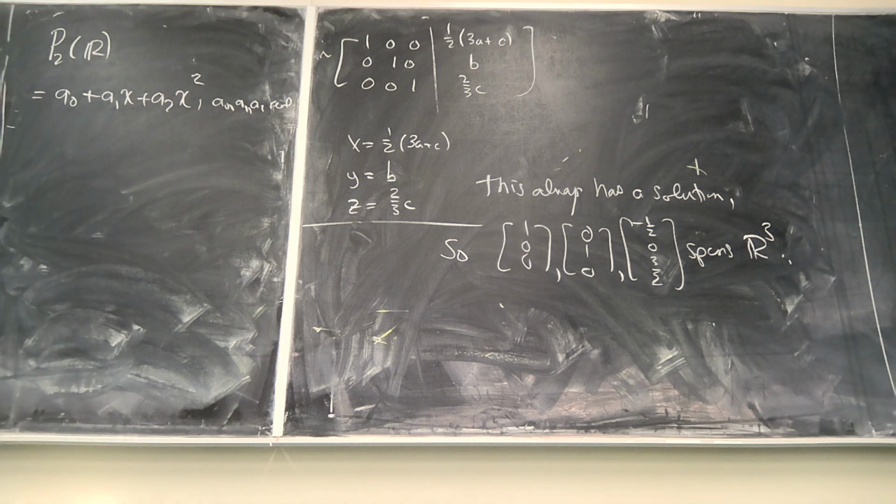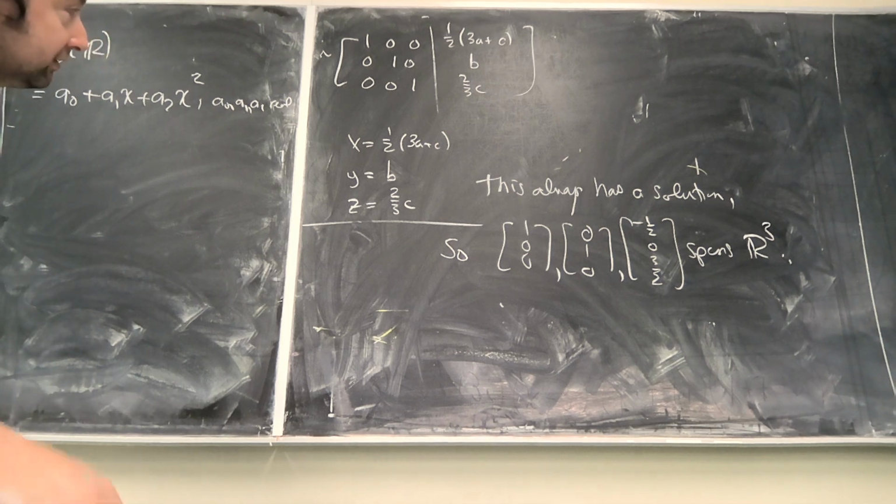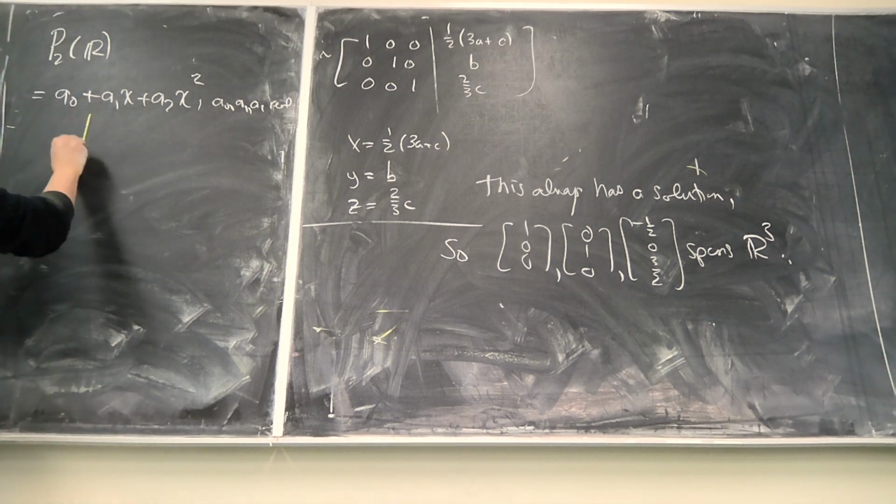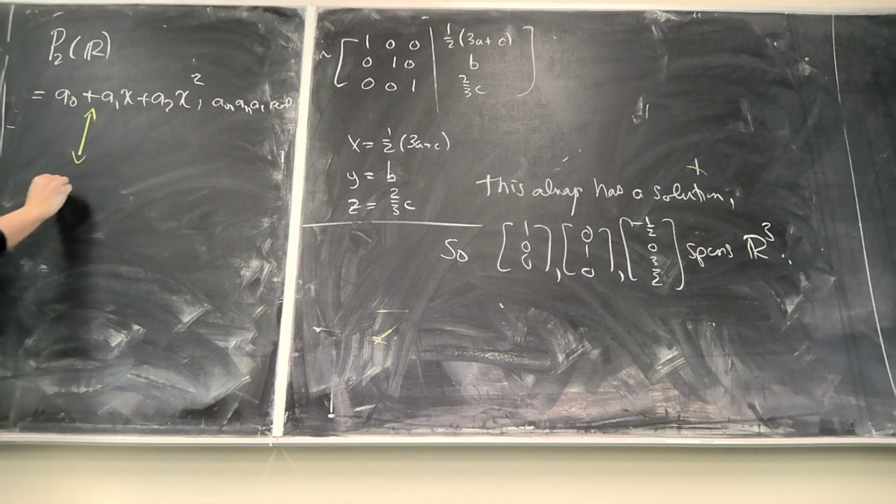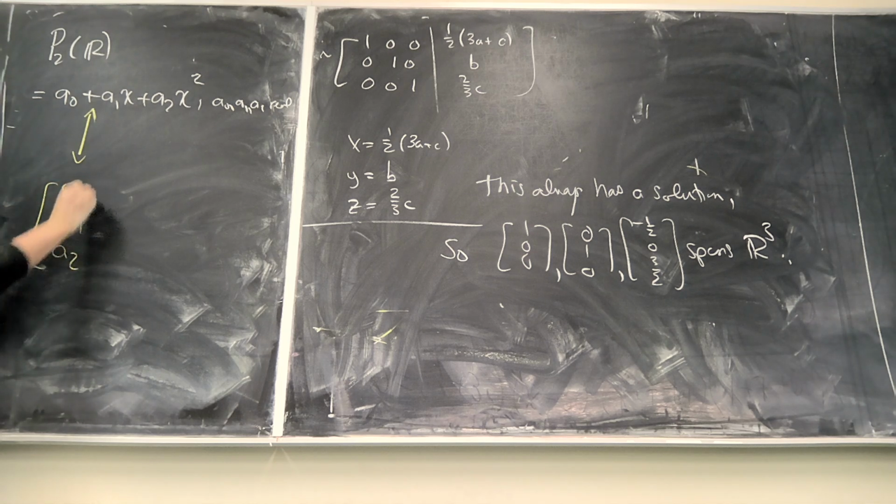That's a vector space. If I add polynomials together, I add like terms. It's closed under addition and scalar multiplication. Multiplying by a scalar is not going to suddenly make the degree of the polynomial go up, right? So the abstraction here is to say this is really no different than the vector A naught, A1, A2.